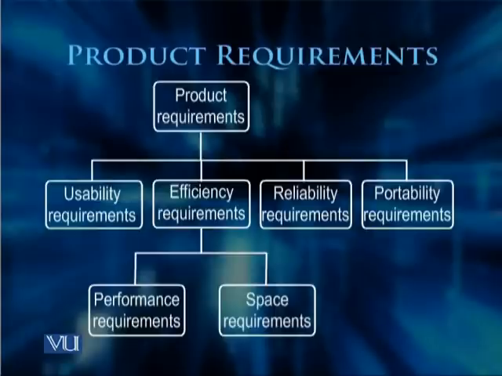And efficiency can be further categorized as performance requirements or space requirements. Now you can see that many of these areas relate directly to the quality aspects that we have so far studied.